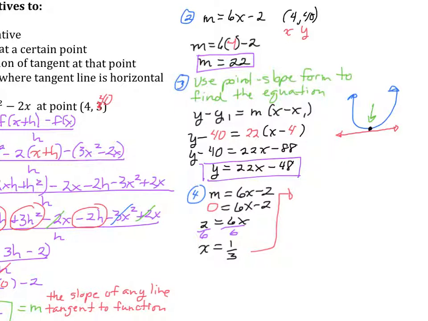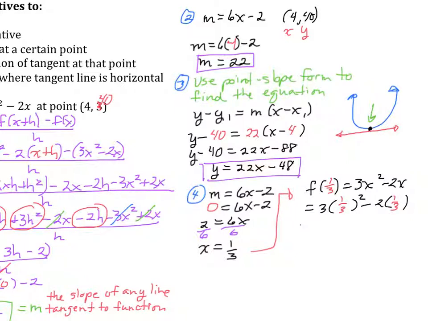So we're going to take f of x, and our x that we're plugging in is this 1/3. So our f of x is equal to 3x squared minus 2x. So wherever I see an x, I'm going to plug in that 1/3. Remember, f of x is the same as y.